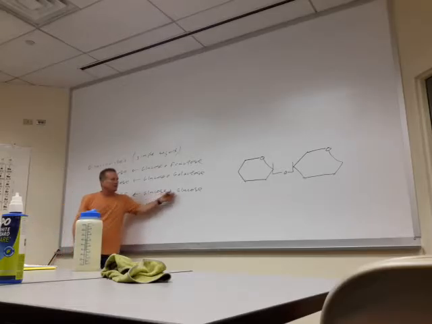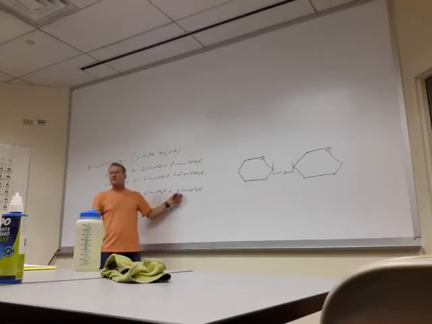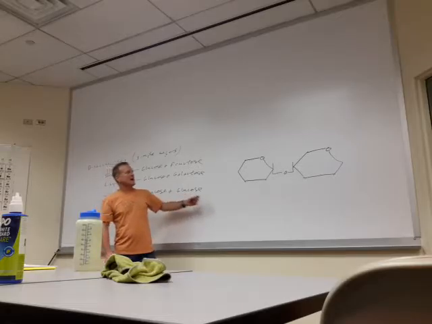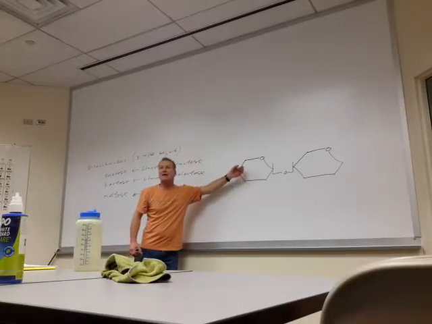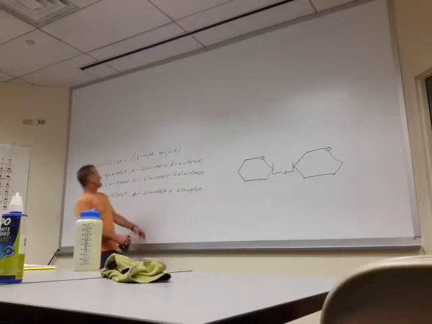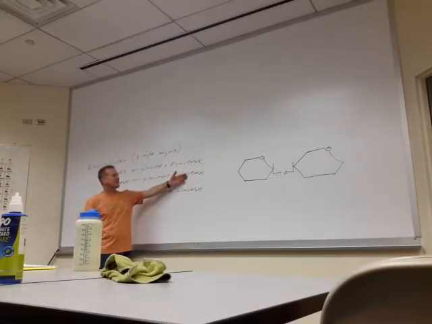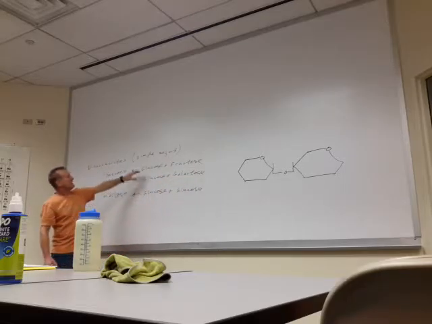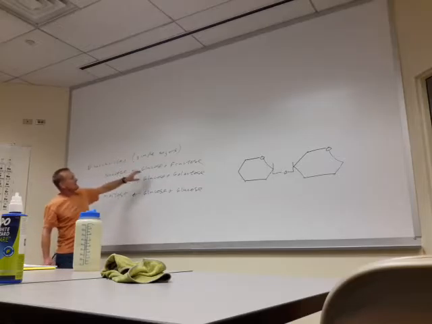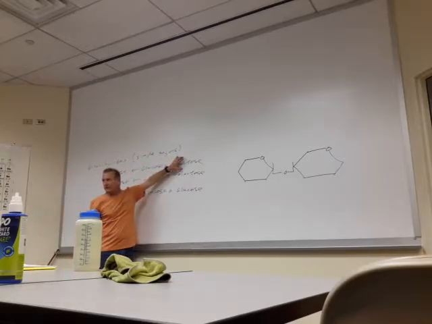Maltose is made of two glucose molecules. Glucose is a hexaldose having hexagon geometry. We have two hexagons here. Lactose, same thing. Glucose and galactose. Glucose and galactose are both hexaldoses. They both have hexagon geometry. We have two hexagons. Sucrose, one of its components is fructose.